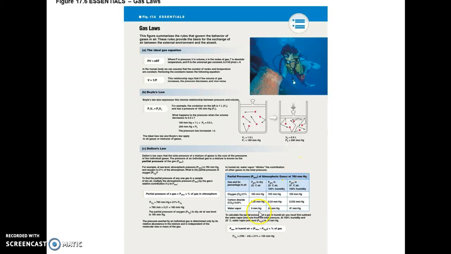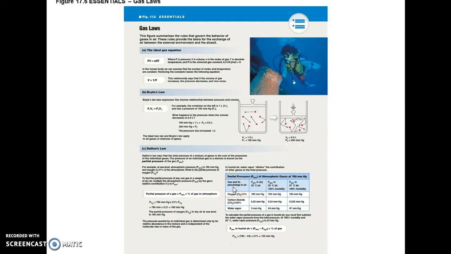Okay, what I was saying was the partial pressures are going to be something really important. 21% of our atmospheric air is oxygen. So at 760 millimeters of mercury, which is the amount of pressure of the entire atmosphere at sea level, you're going to have about 159 or 160 millimeters of mercury that are due to oxygen.